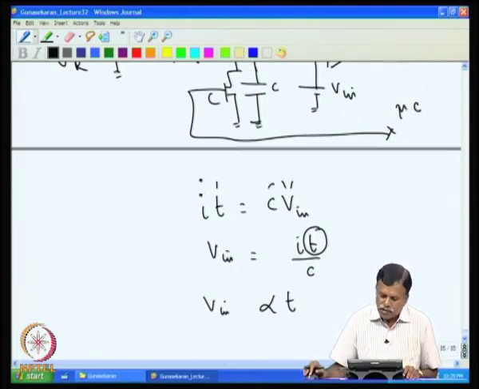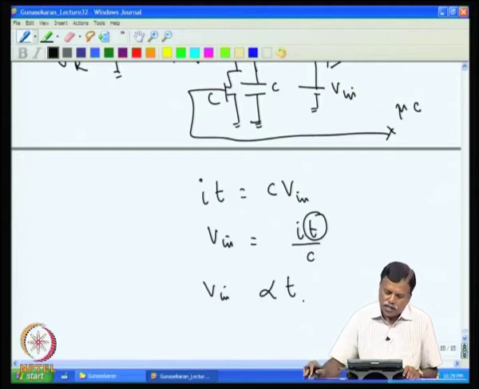So, both methods can be adopted. Probably this method is a better option, because here V in is proportional to time. Of course, for very small voltages, when you are sitting very close to the 0 level, then T comes very small, and the measurement gives a problem.